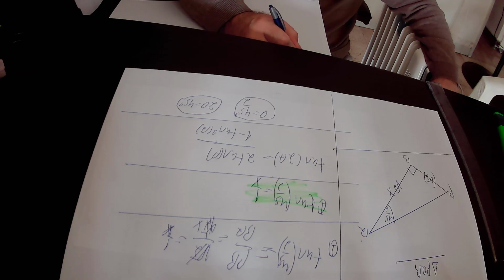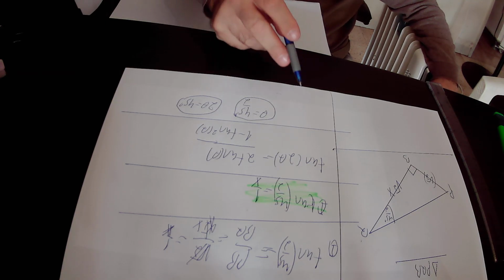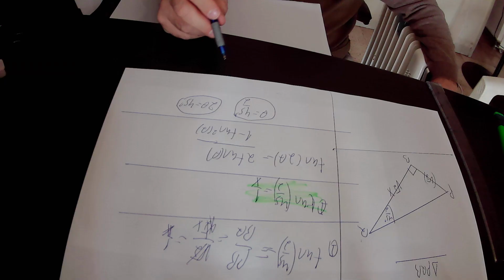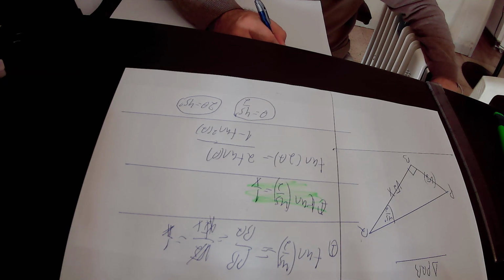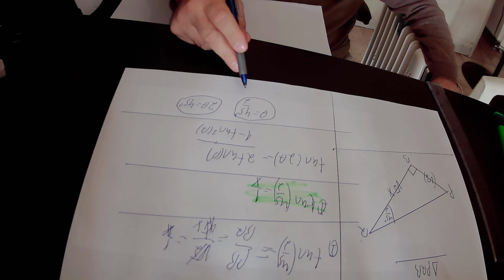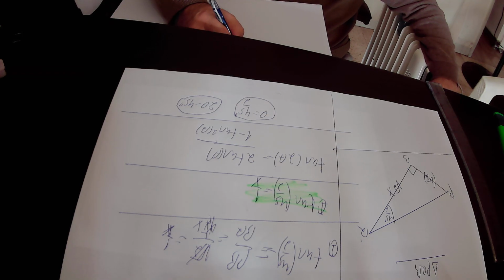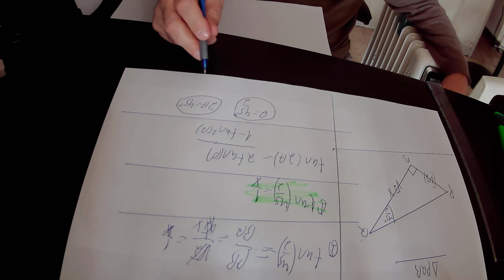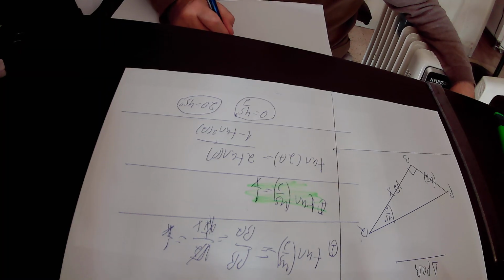And we get that according to equation number 2 we have here tangent 2 theta, and 2 theta is 45 degrees according to our definition, and it equals 2 times tangent theta, and theta is 45 over 2 degrees according to our definition, divided by 1 minus tangent square theta, and theta is 45 over 2 degrees according to our definition.